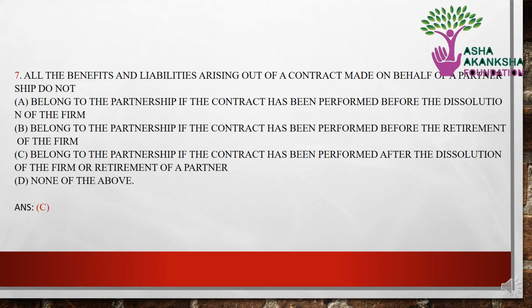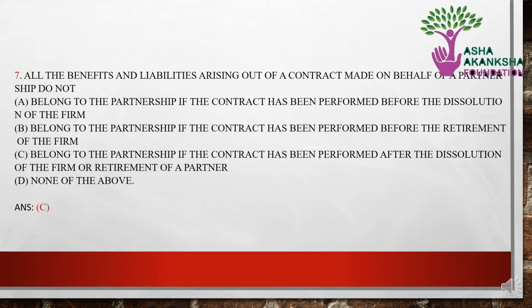The next question is: all the benefits and the liabilities arising out of a contract made on behalf of a partnership do not entail dash. Options are A, belong to the partnership if the contract has been performed before the dissolution of the firm, B, belong to the partnership if the contract has been performed before the retirement of the firm, C, belong to the partnership if the contract has been performed after the dissolution of the firm or the retirement of a partner, or D, none of the above.